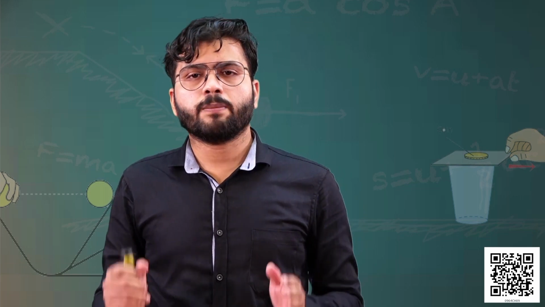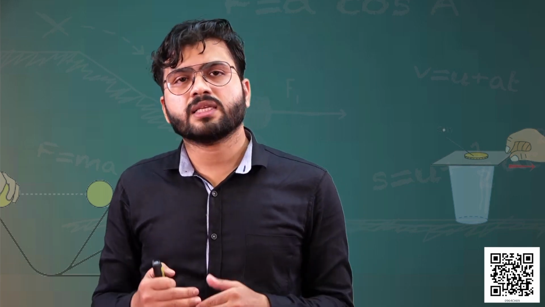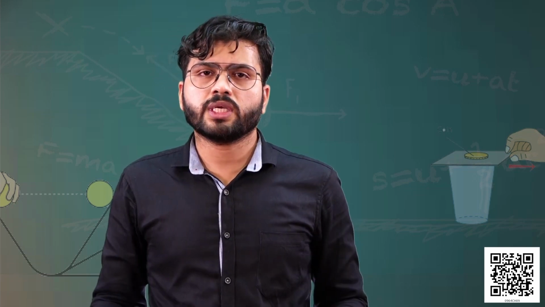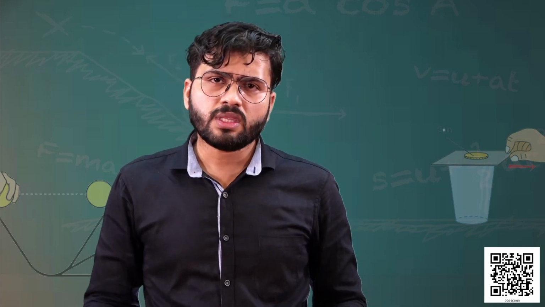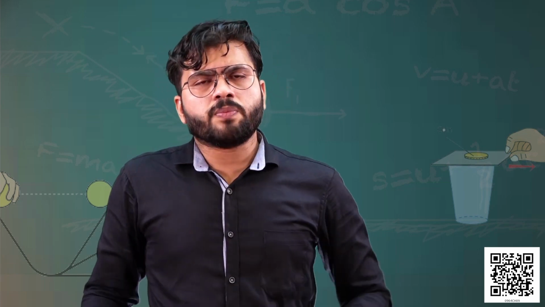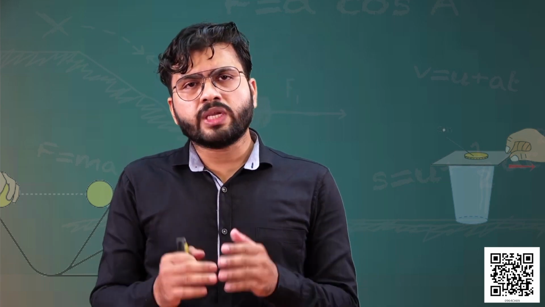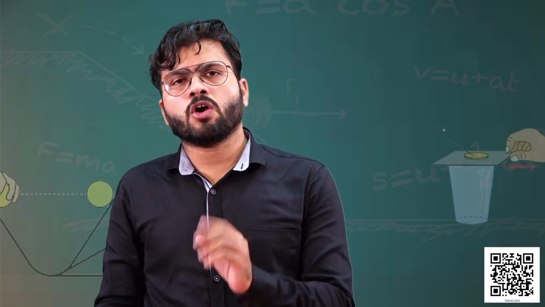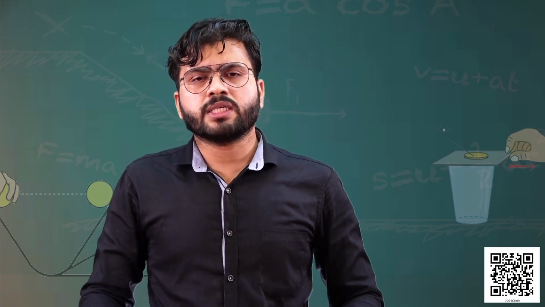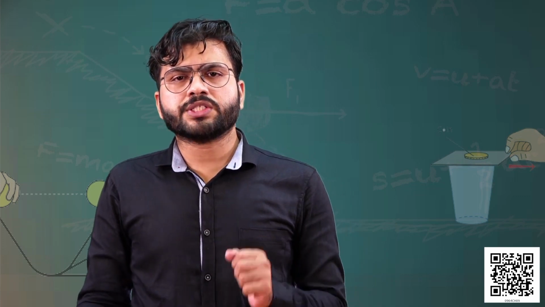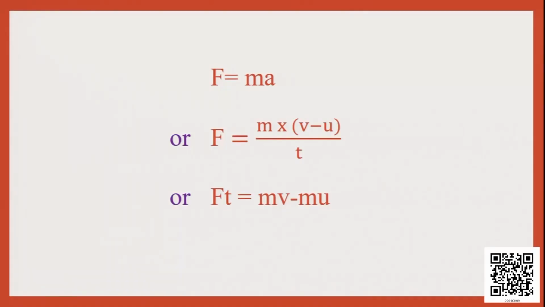So, we need to apply a greater force in accelerating the object with 2 kg. I hope it is clear to all of you. Now, from the second law of motion we can also derive the first law of motion. And how is that possible? If you look at here, force is equal to mass into acceleration.